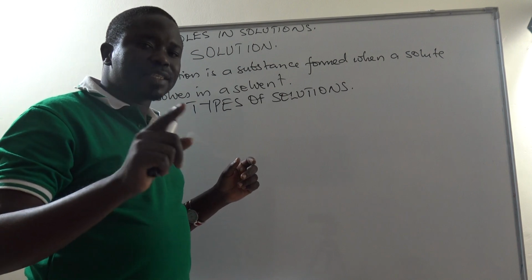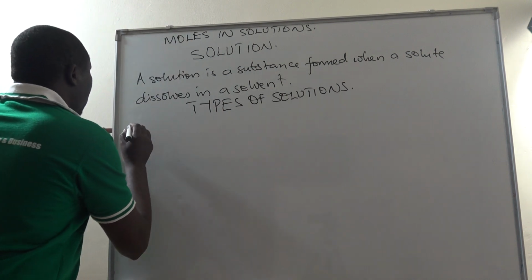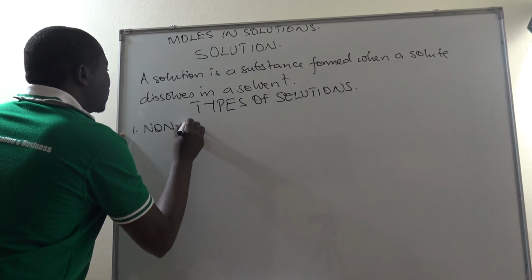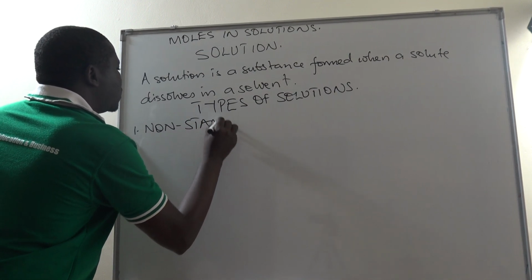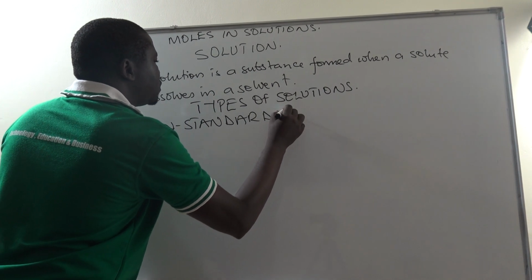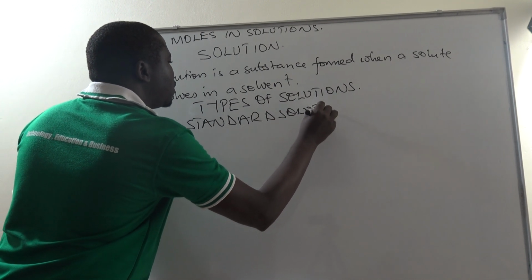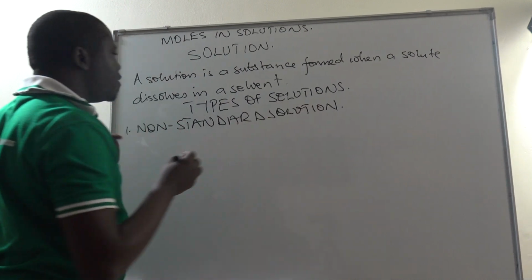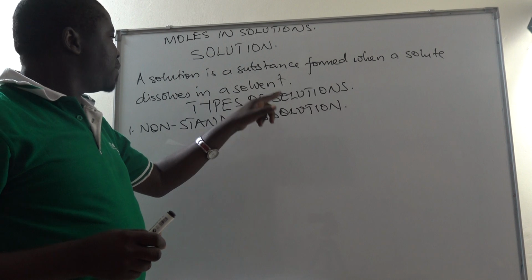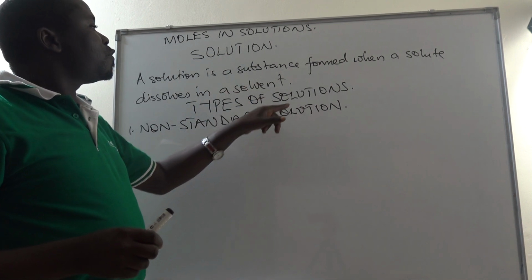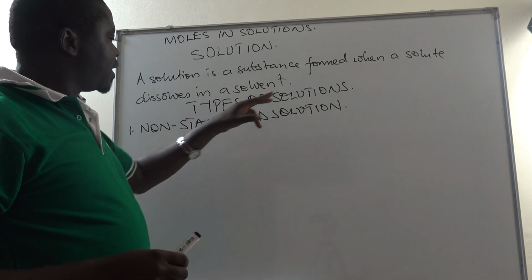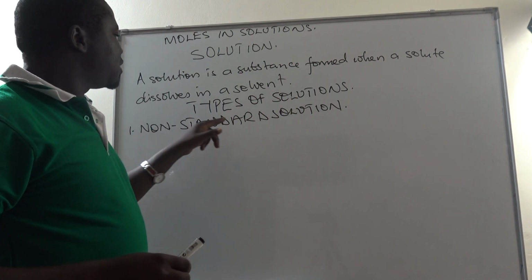That gives us a type of solution which is called a non-standard solution. If we don't know the amount of solute which has been added to a given solvent to form a solution, then we have formed a non-standard solution.